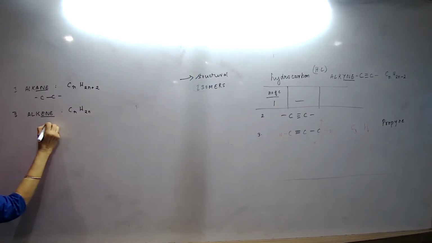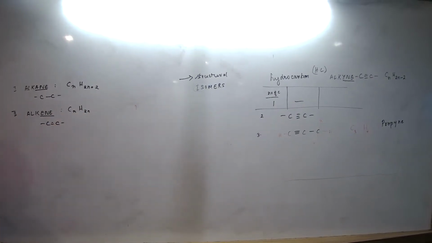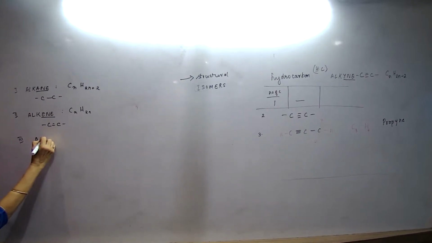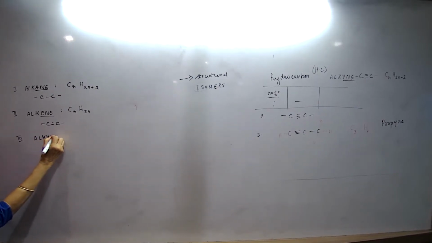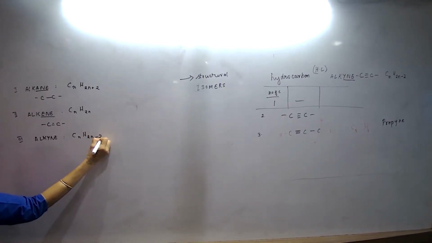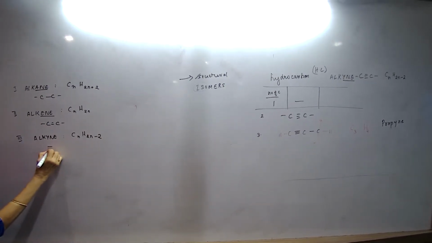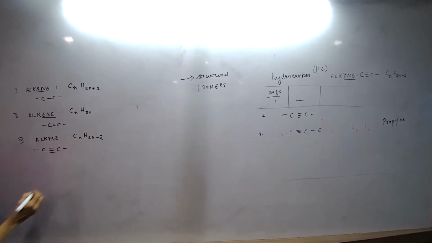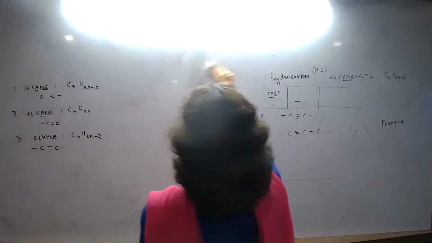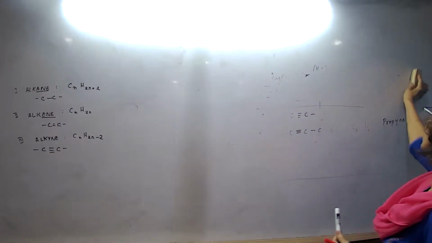CnH2n, which means that it's a double bond. Third one, alkyne. CnH2n minus 2. Very good. So you have a triple bond present between the carbon atoms. That's the summary of your hydrocarbons.